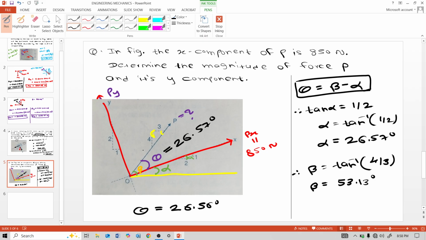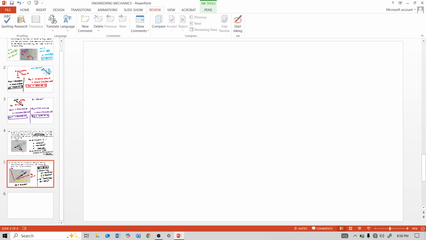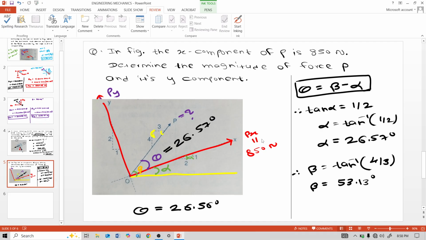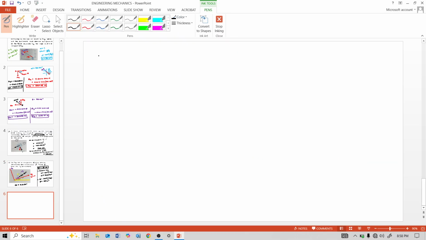Now calculate this P, our first objective. Before that, you all know that the x component is Px. So Px is equal to P cos of theta. Why cos? Because angle theta is near to that x component. So the x component of P is Px is equal to P cos of theta.